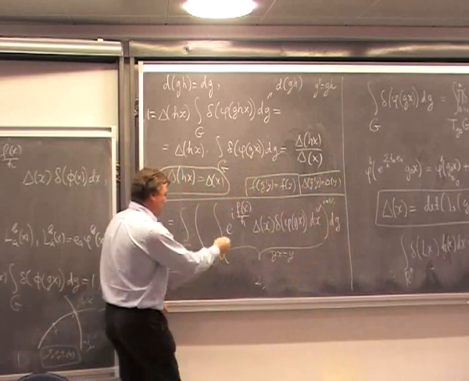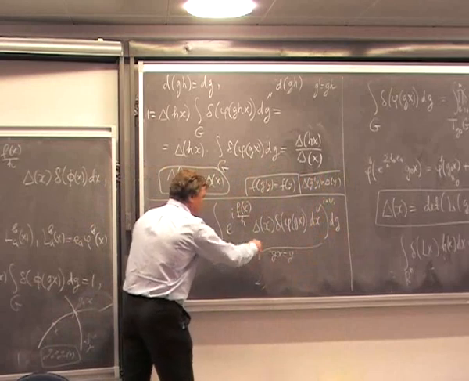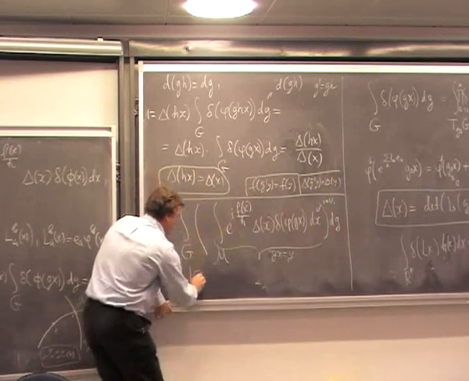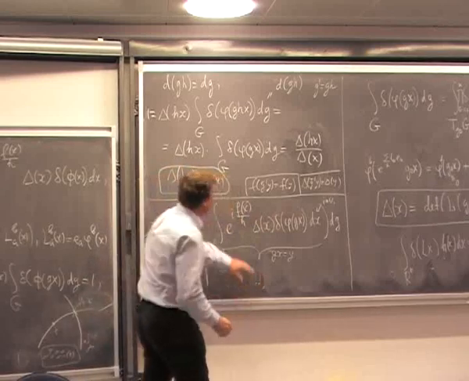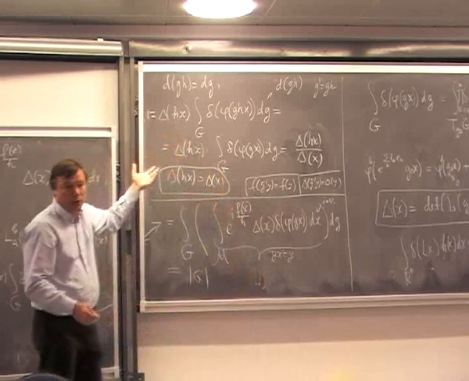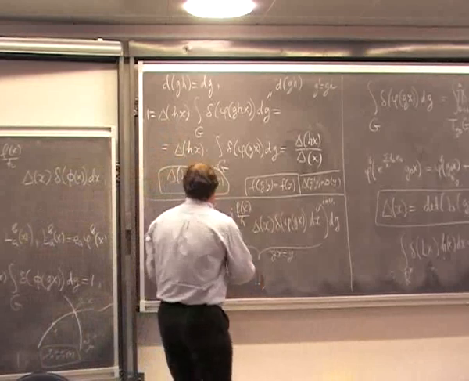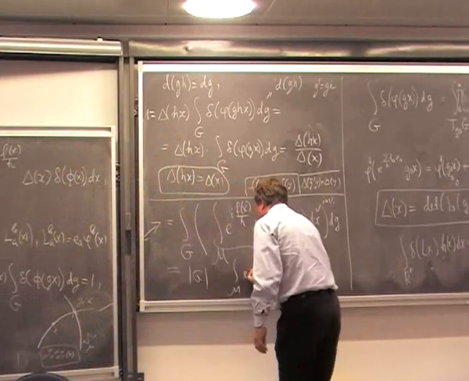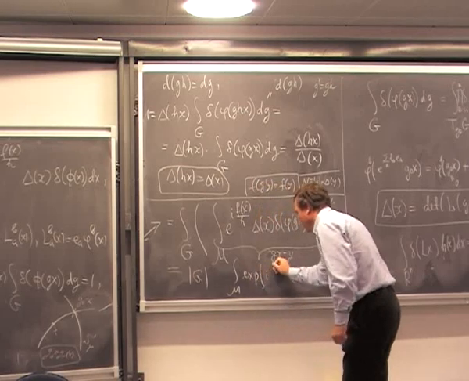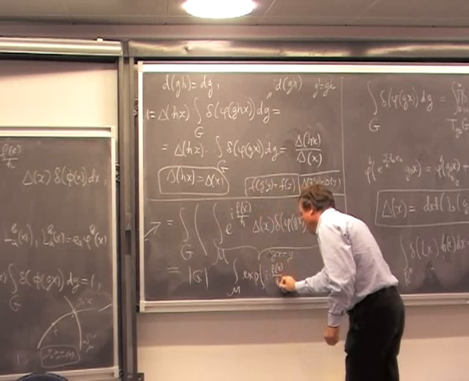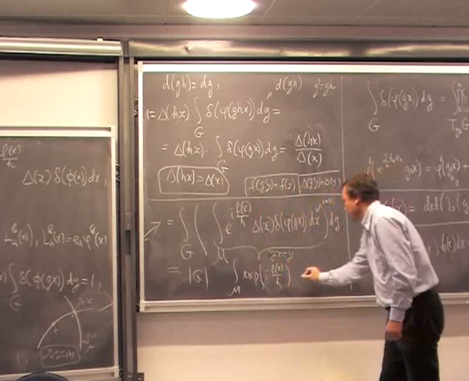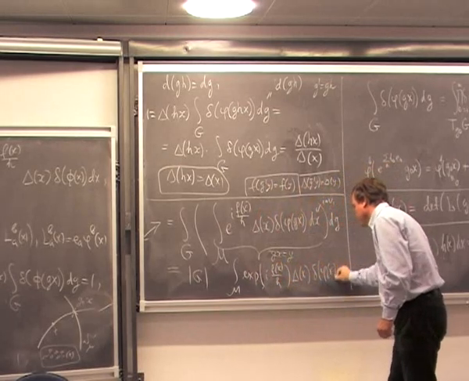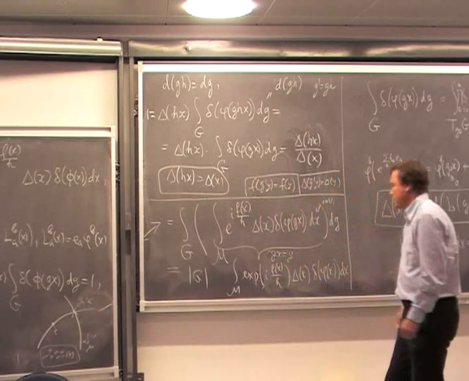So that means that the integration over g becomes the volume of g, volume with respect to the right invariant measure which exists on any Lie group, and then integral over m, the exponent I f of x over h, delta x, delta phi x, dx.